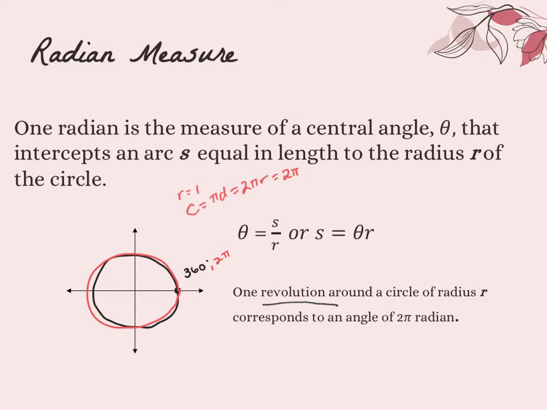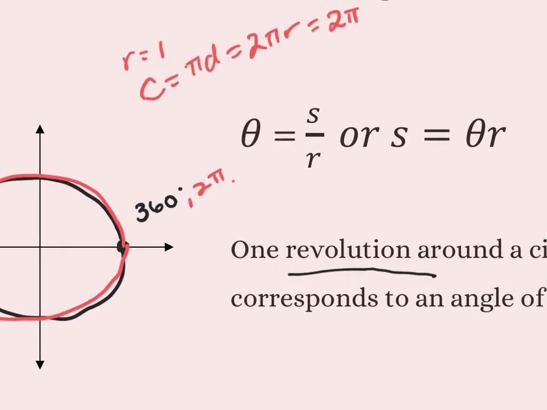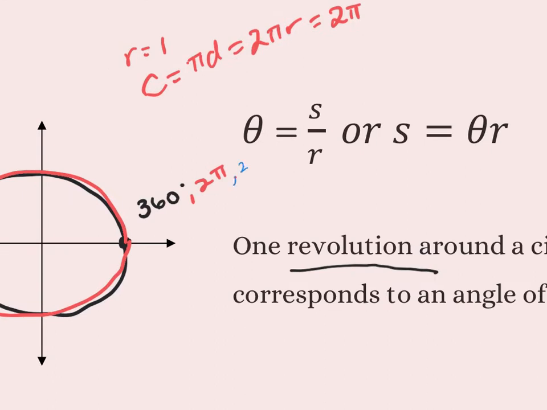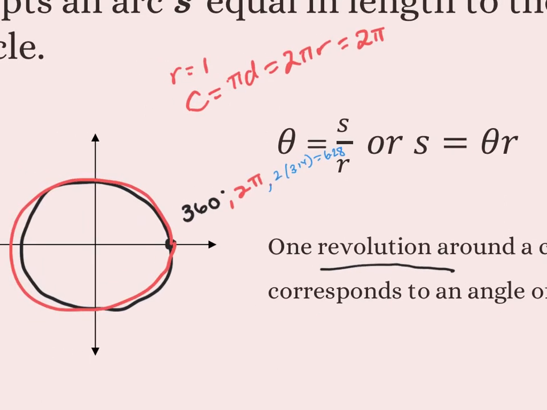You can also see numbers without the pi used here. So from 0 all the way around, again, would be the same thing as saying 2 times what we approximate pi to be, which is 3.14. And that means all the way around my circle is actually 6.28. So if you go all the way around the circle, in degrees it's 360, in radians in terms of pi it's 2 pi, and in radians without pi it's 6.28.